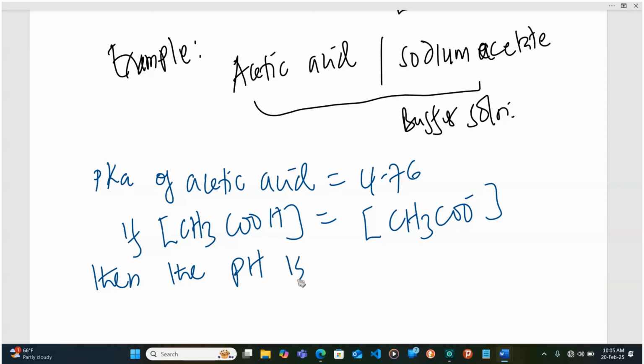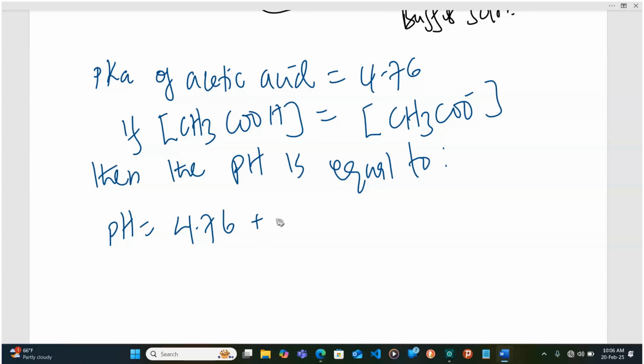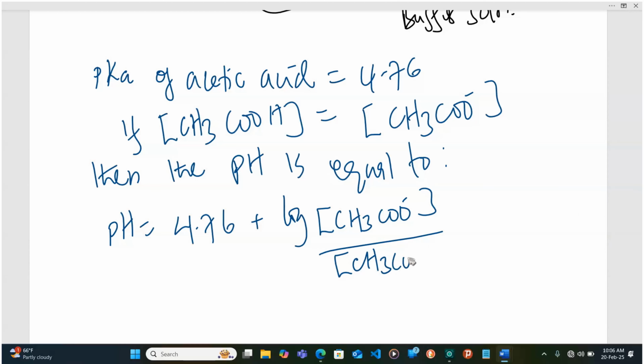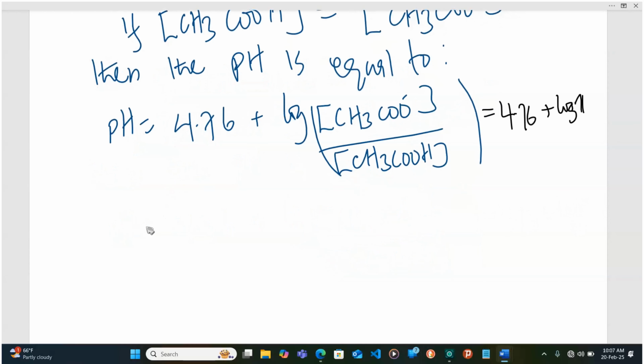Then the pH is equal to 4.76 plus the logarithm of the concentration of the conjugate weak base, that is ethanoate ions, divided by the weak acid, ethanoic acid. This is equal to 4.76 plus the logarithm to base 10 of 1. You will find that the pH is equal to 4.76 plus 0, which is 4.76.